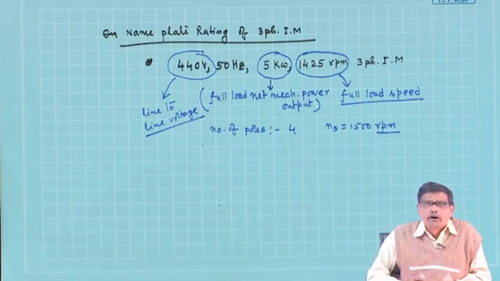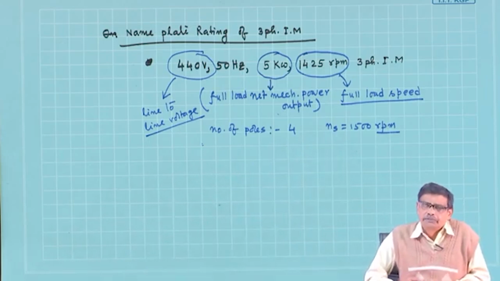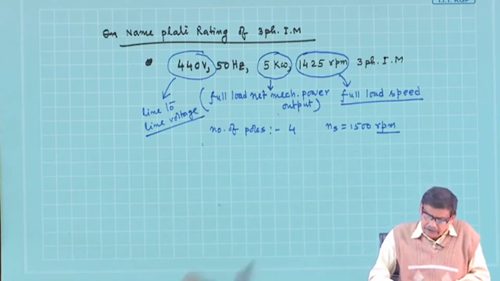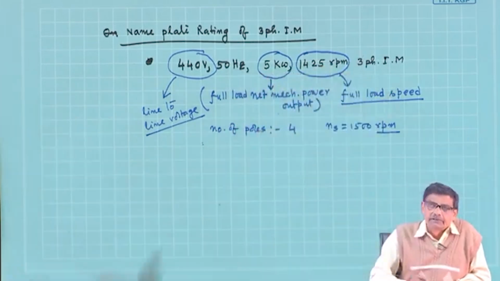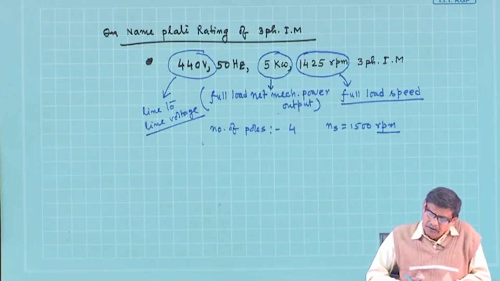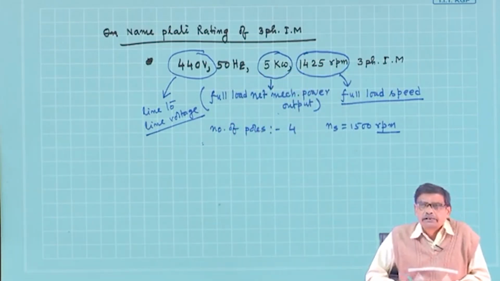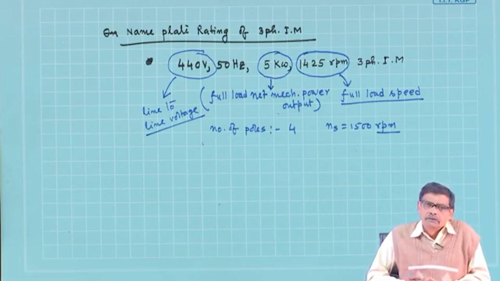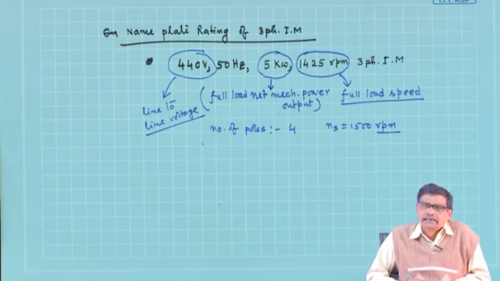Another thing, the full load power factor may be mentioned in some machines. Under full load condition, what is the power factor? Sometimes if it is not mentioned, you will be provided with it or you can assume some value. A well designed motor's full load power factor should not be less than 0.8, as simple as that.